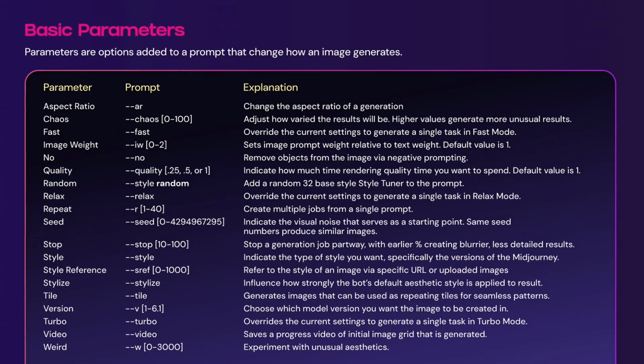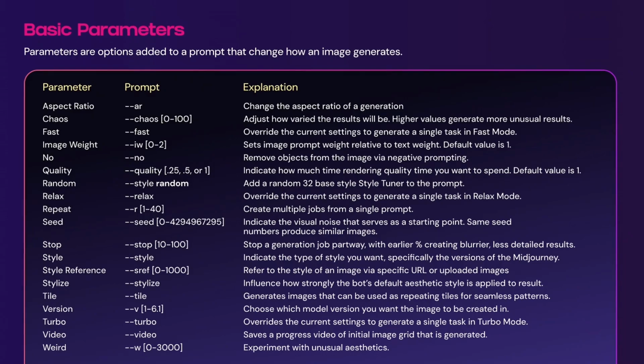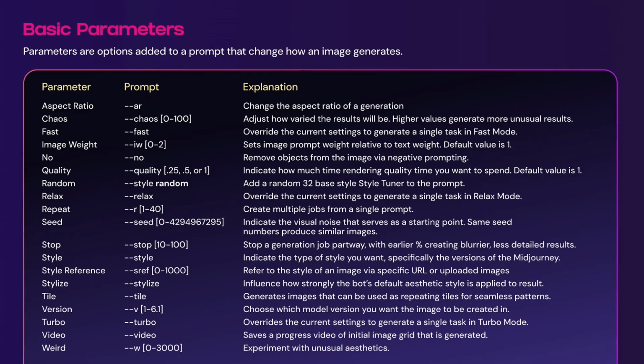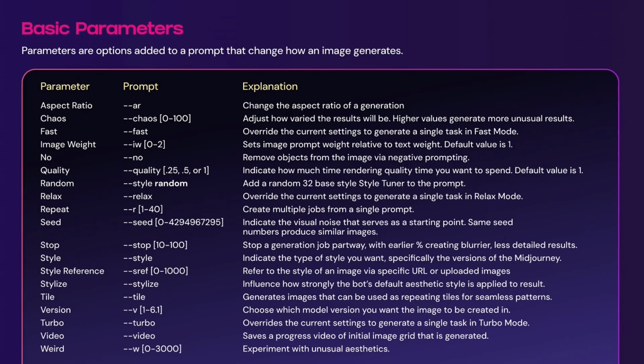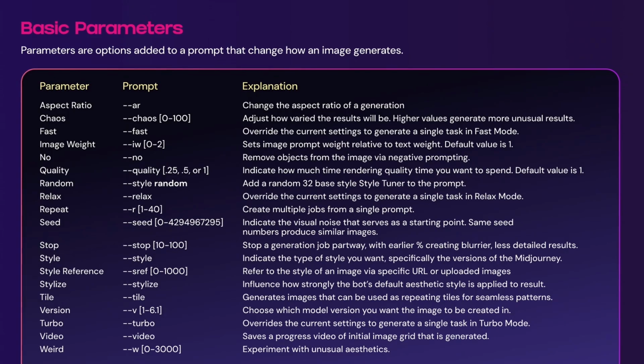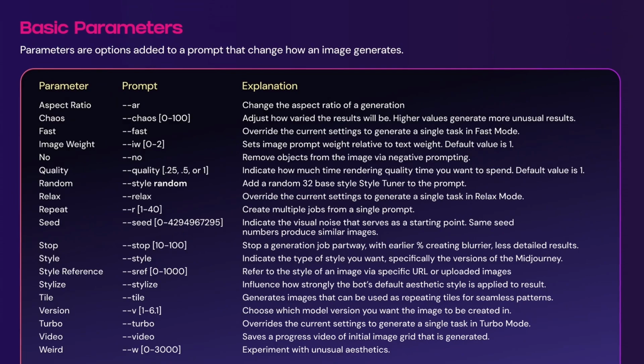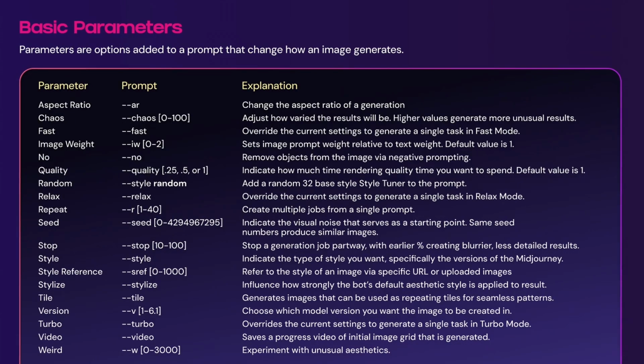So if you do upload an image on Midjourney web, you can then use --sref and then give a specific number from 0 to 1,000 to indicate whether or not you really want the output to refer to that uploaded image. And so I recommend taking a look at these, trying to understand how you can go about modifying your prompt better. And keep in mind, anything that is in the brackets is essentially referring to the range of numbers you can choose from, and you just choose a single number to replace in the bracket.